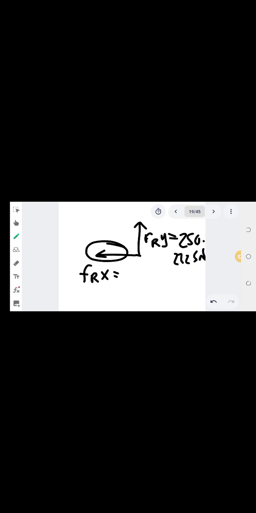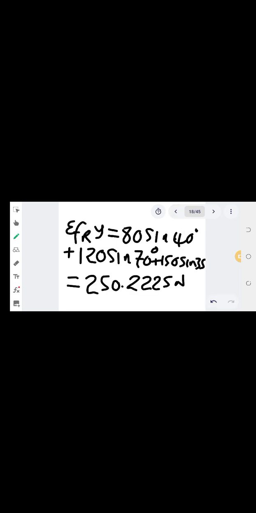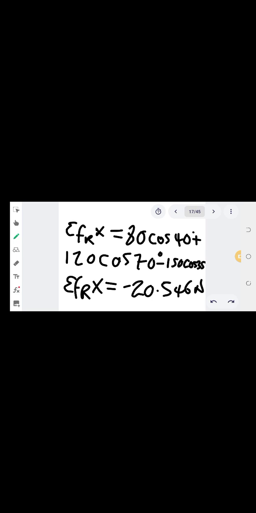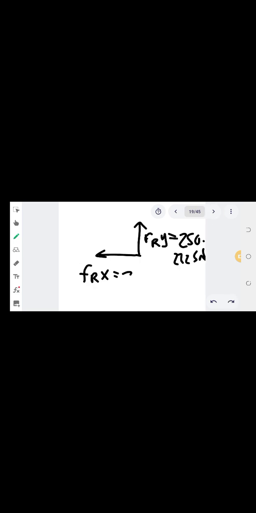So there is no need to include the sign. So instead, I will just put 20.546 newtons as my X.